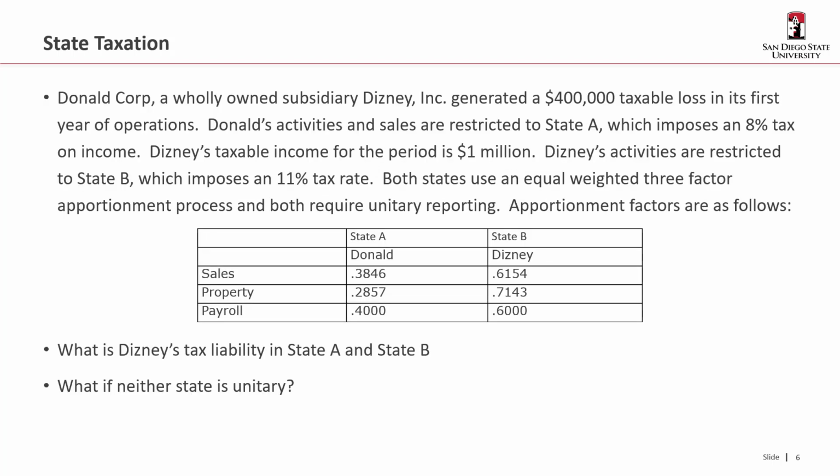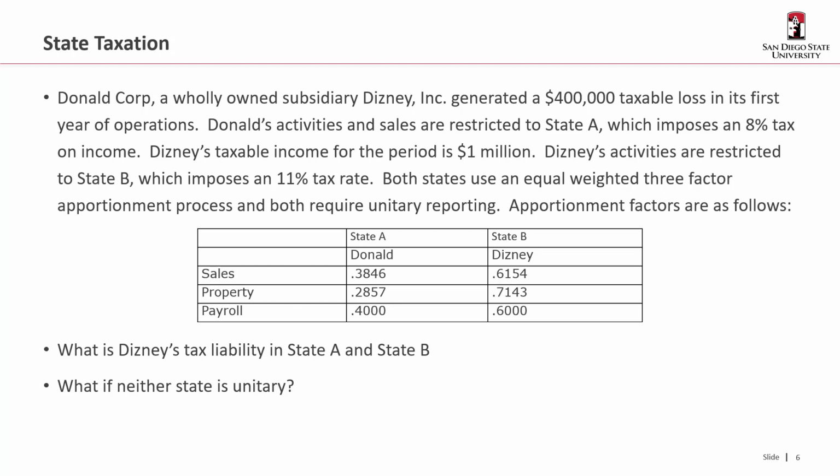So Donald Corp, a wholly owned subsidiary of Disney Inc., generated a $400,000 taxable loss in its first year of operations. And Donald Corp's activities are restricted to state A, which has an 8% income tax. Disney's income for the period is $1 million, and Disney's activities are restricted to state B, which has an 11% income tax rate.